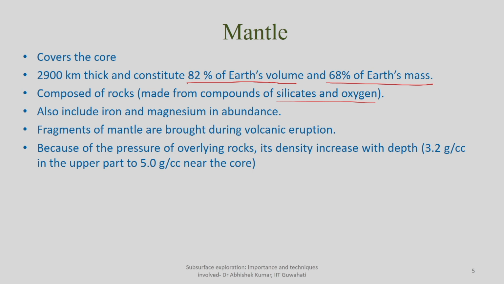As I mentioned, earth is composed of different layers. Depending upon the relative combination of temperature as well as overburden pressure, some layers are in solid state, some are in semi-solid or viscous state, and some are in molten or liquid state.